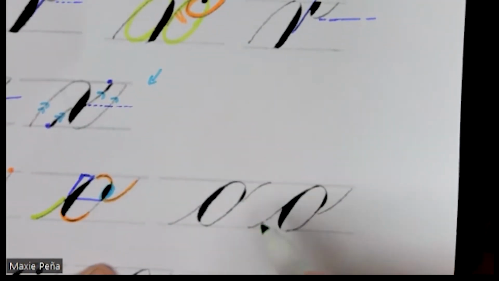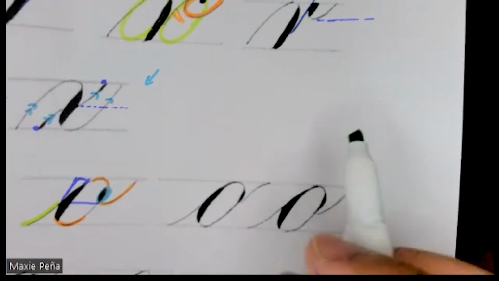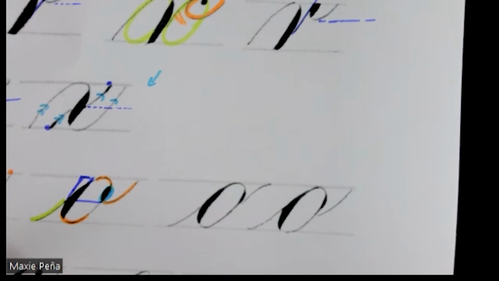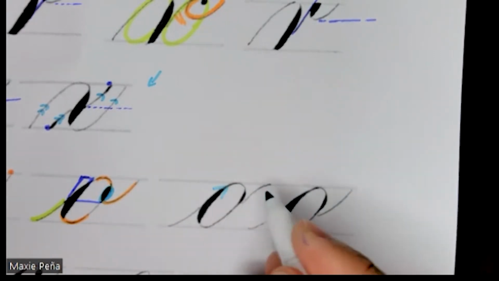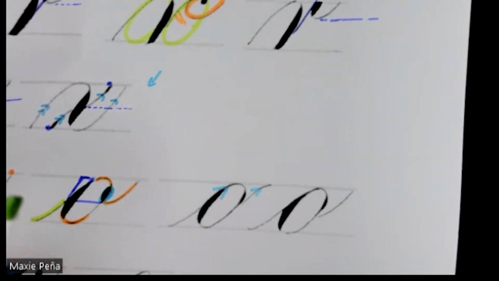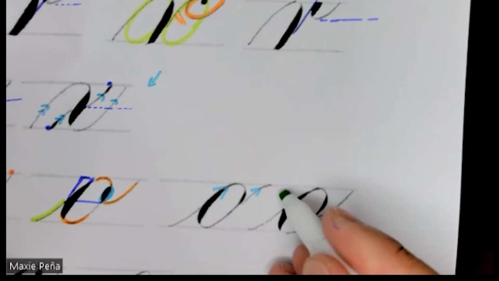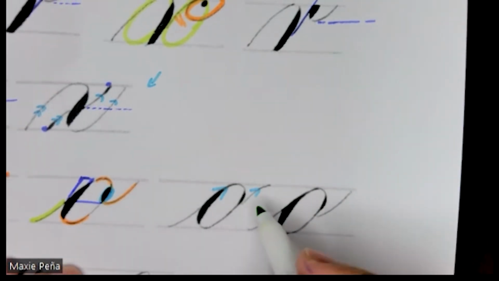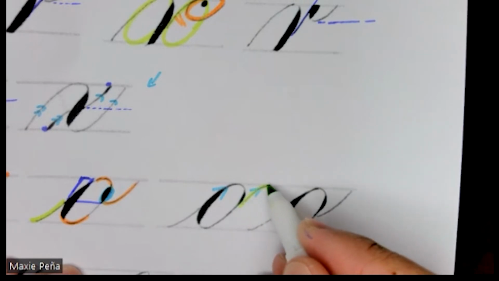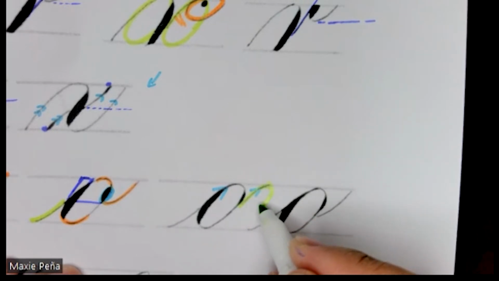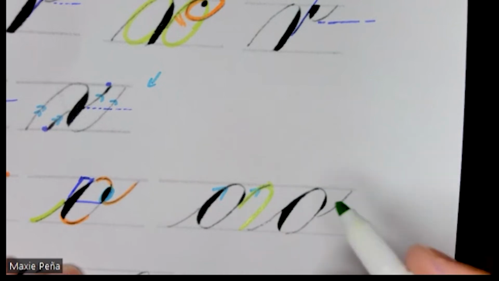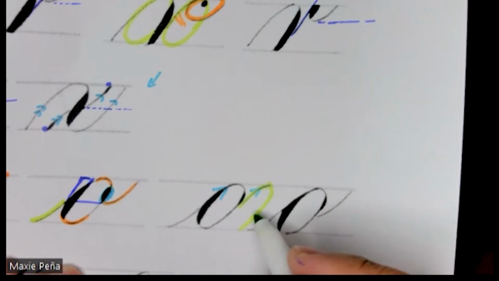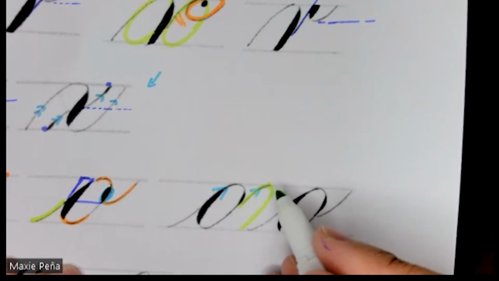Because exiting it this way, this is still part of an oval. Imagine this being parallel to this because you could draw an oval here. But this type of exit stroke is usually used for when you're connecting it to an N because it sets it up nicely. You don't have to change directions.